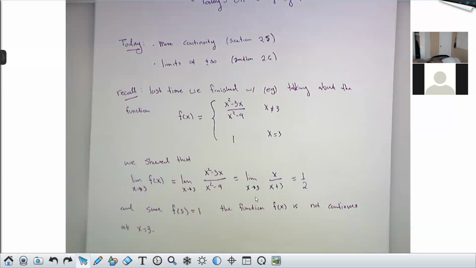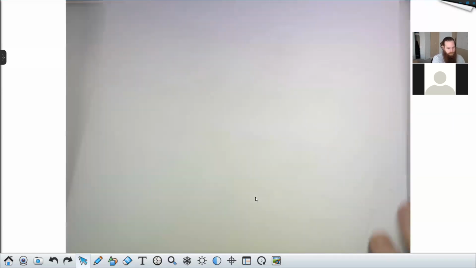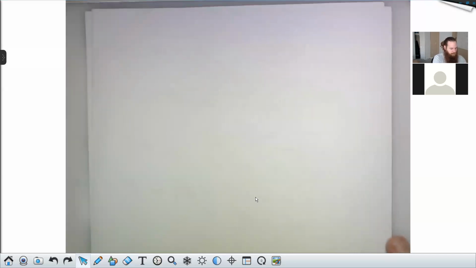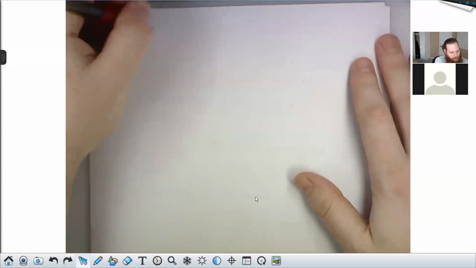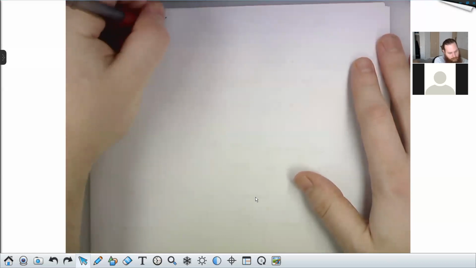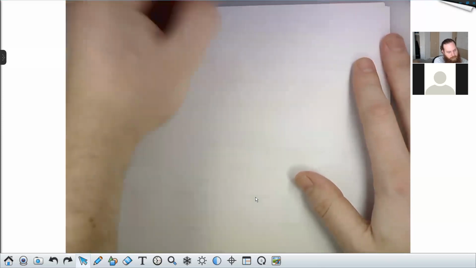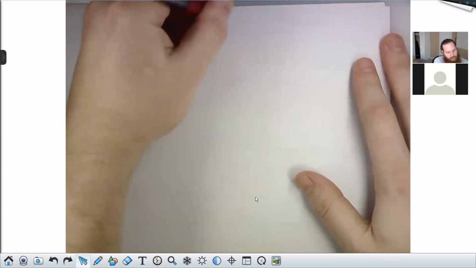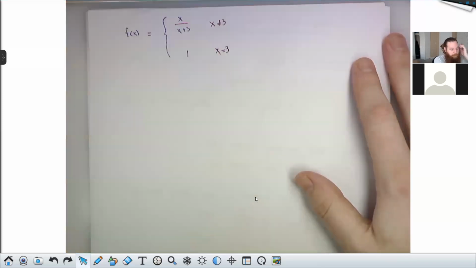And I asked you guys to draw the picture. So you've had some time to think about it, maybe some time to work on it. I'd like to go ahead and draw for you this picture. We know that after factoring and canceling, this thing is x over x plus 3 if x is different from 3, and 1 if x is equal to 3.